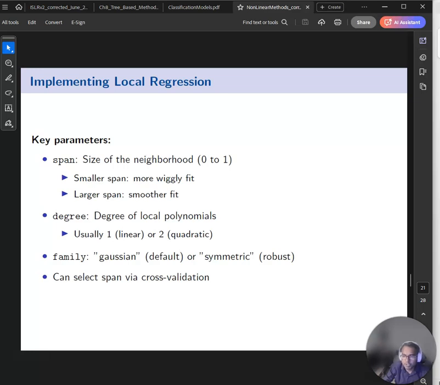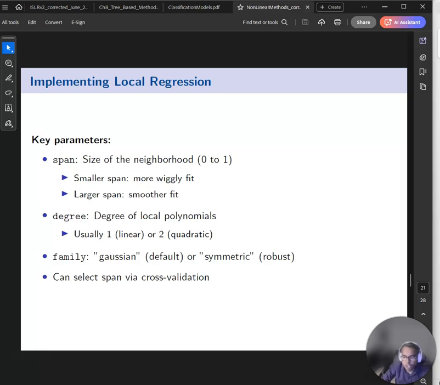A larger span creates a smoother fit that might miss local features but is more stable. The degree parameter controls the complexity. Most commonly, we use degree equals 1 for local linear regression or 2 for local quadratic regression, but you can always ramp this up.